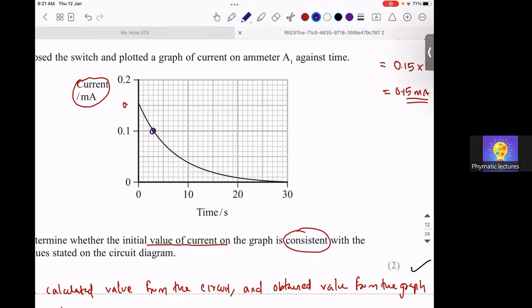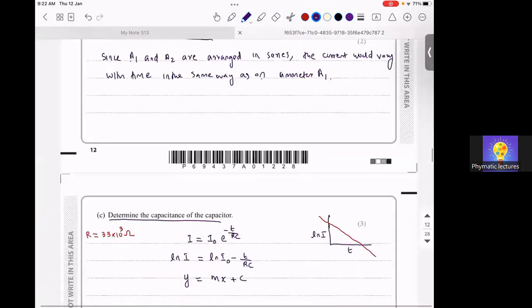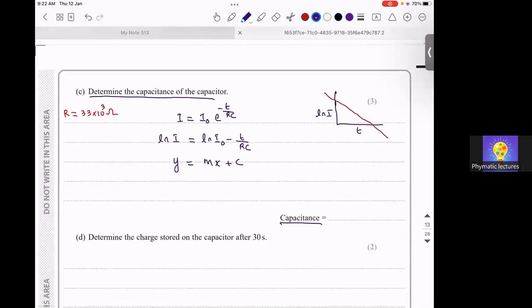What is the value of t? This is 10, so that means it is 3 seconds. So when time is equal to 3 seconds, the current through the circuit is equal to 0.1 milliampere. Correct? So we can substitute this.